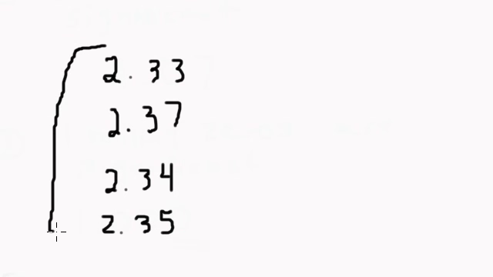That means we're only interested in these 2 numbers right here, 2 and 3. We're not interested in this second 3, but we do need to look at it to know whether we're going to round up or down. In this case, the rounding stays the same, so this is going to be 2.3.